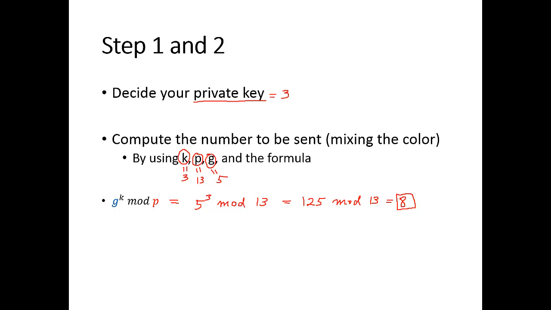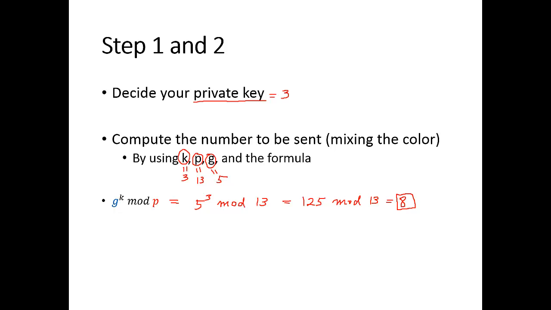This is just one side, let's say Alice. The other side has to do the same computation. Let's assume the other side used a secret key of 2.